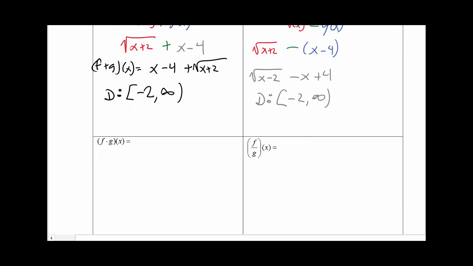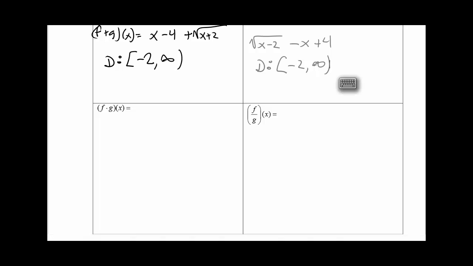And that's going to bring us to our multiply case. All right, so f of x times g of x. All right, f of x is square root of x plus 2 times the g of x, which is x minus 4. Okay, and again, as far as simplifying goes, not much we can do.